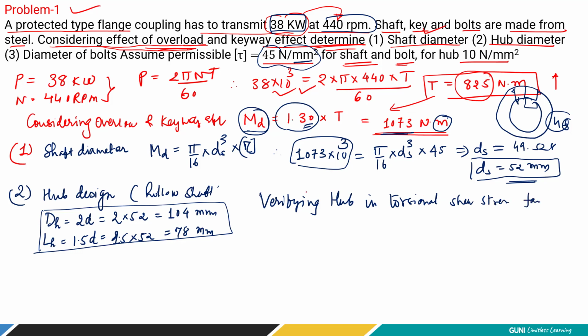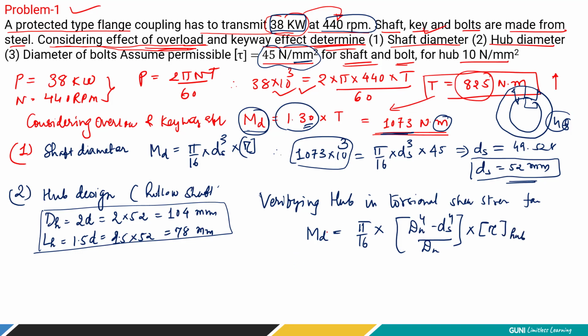So for that we have to consider the equation, MD equals pi by 16, and here it is a hollow shaft, so dh to the 4 minus ds to the 4, divided by dh. Sorry, here we have shear stress for hub.